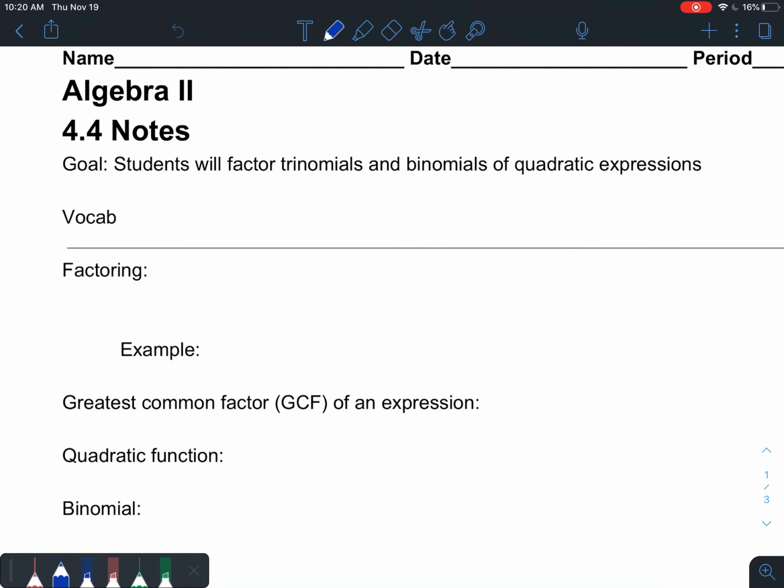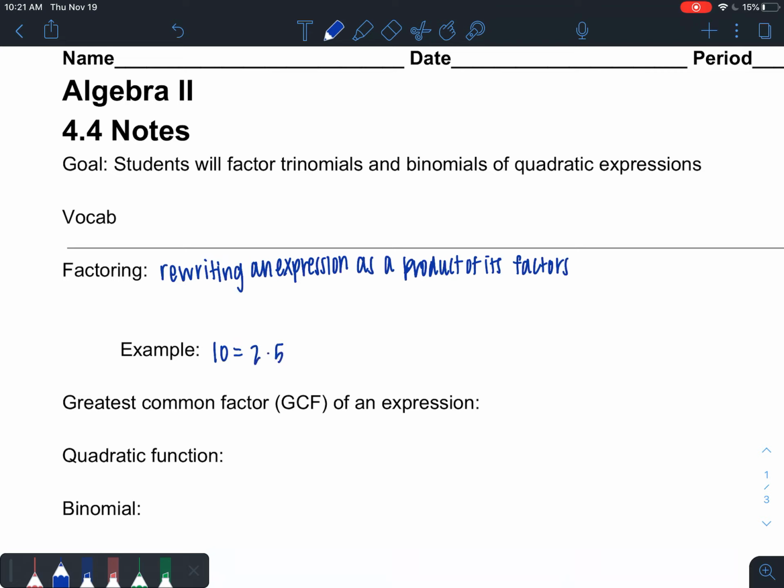First, let's do some vocab. First, factoring is rewriting an expression as a product of its factors. Some examples of that would be 10 equals 2 times 5.